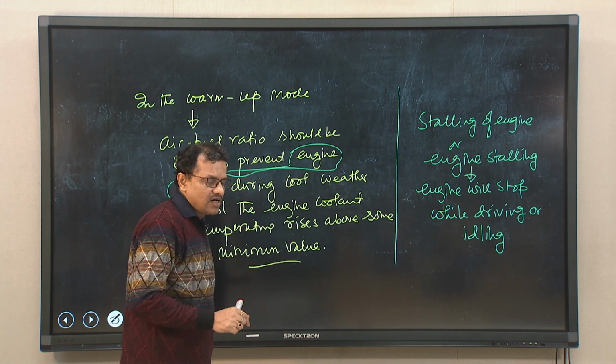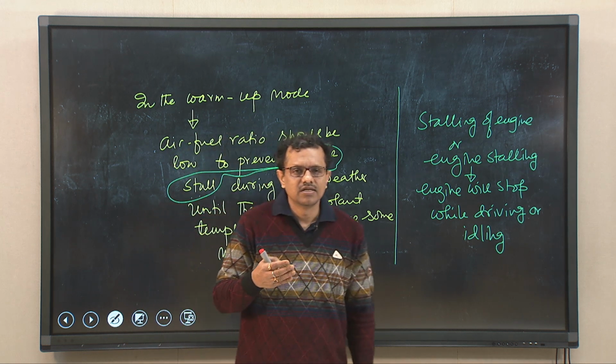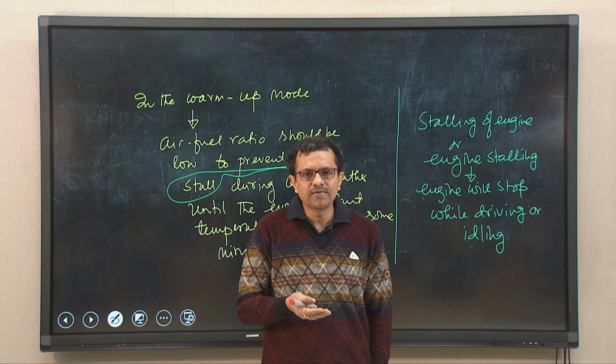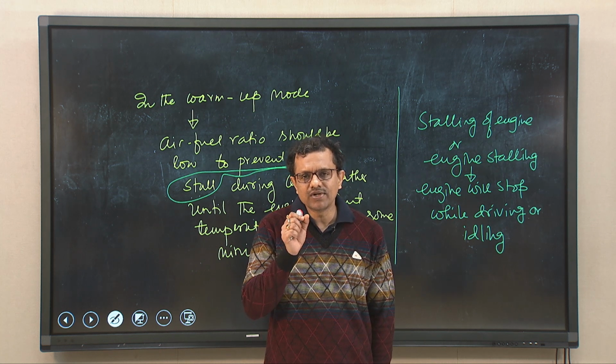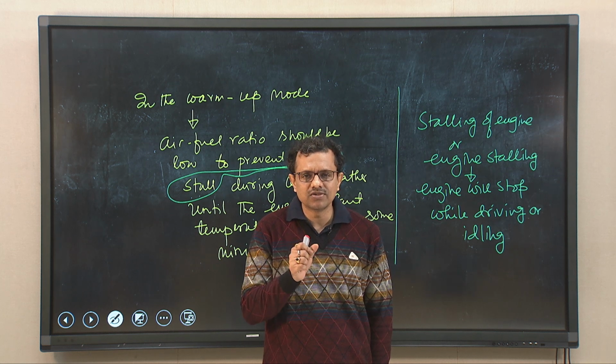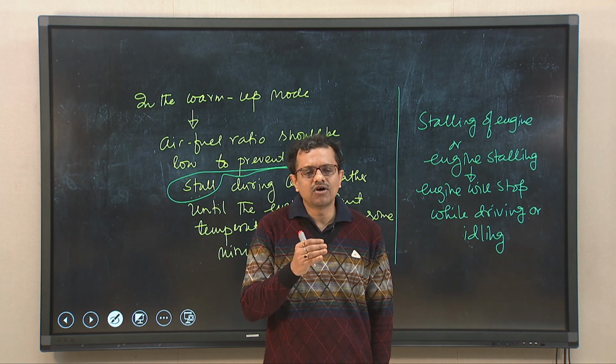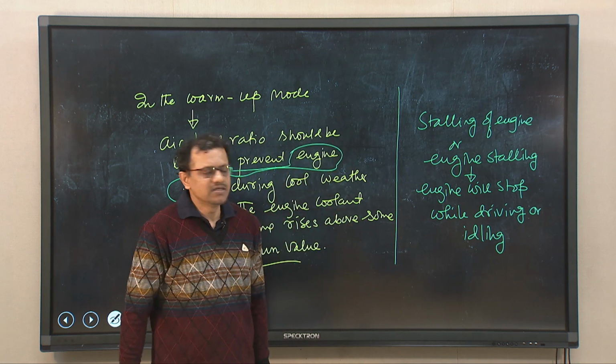So, you can understand how this control system is capable of providing adequate air fuel ratio or fuel air ratio based on the need of the engine at a particular operating condition.